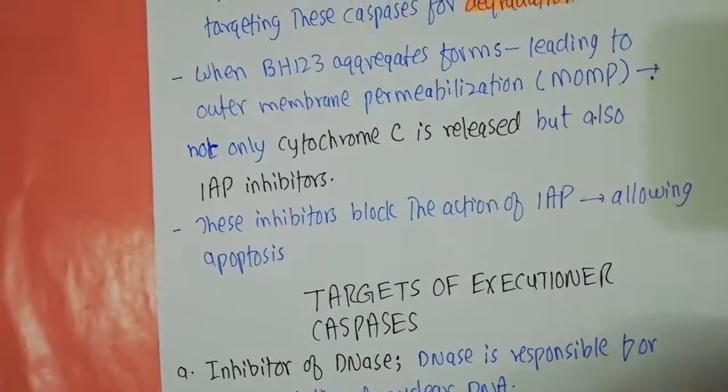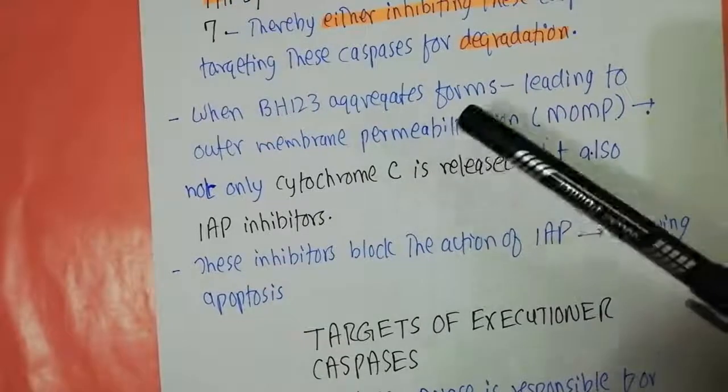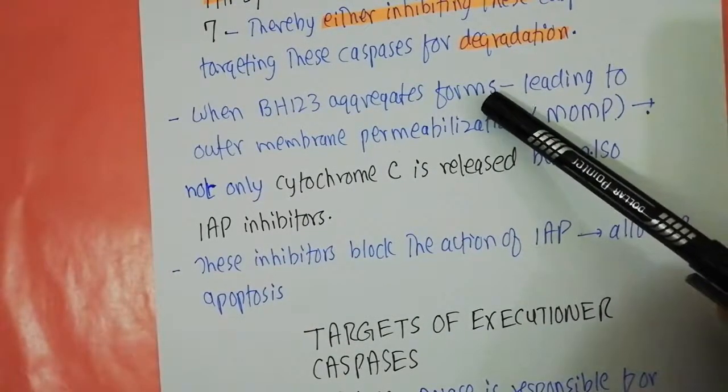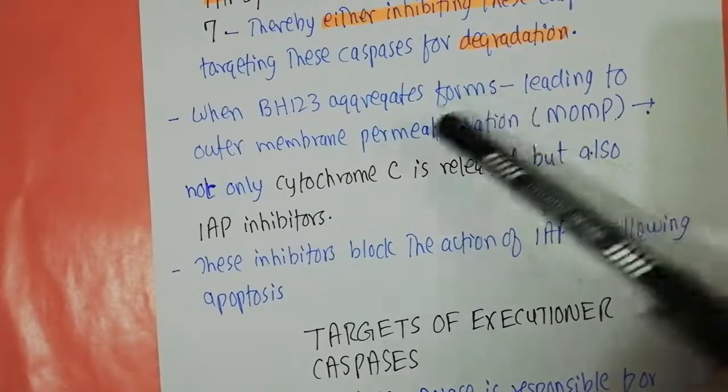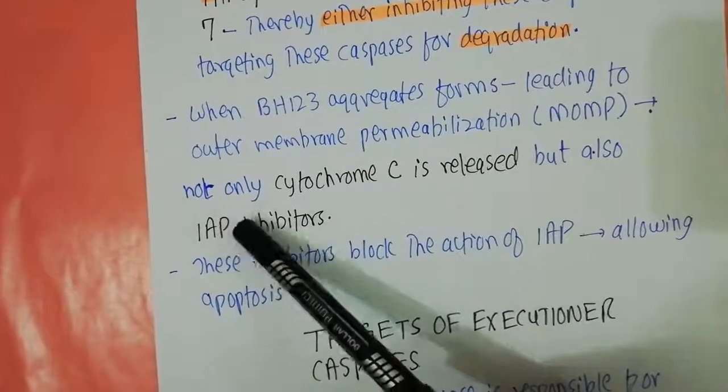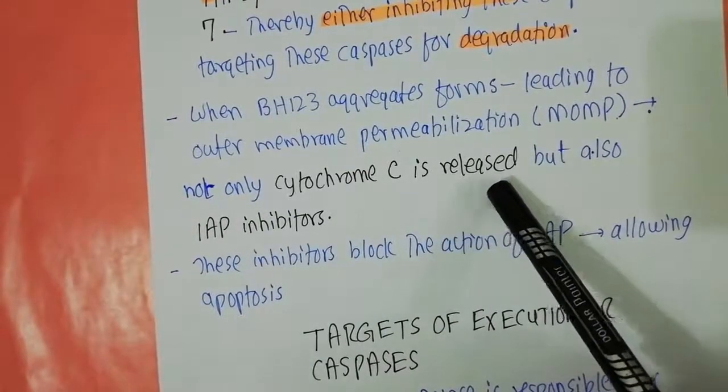When the apoptosis process is needed and the BH123 aggregate forms, as I've told you in the last video, these aggregates go for the outer membrane permeabilization of the mitochondria, and the cytochrome C is released.